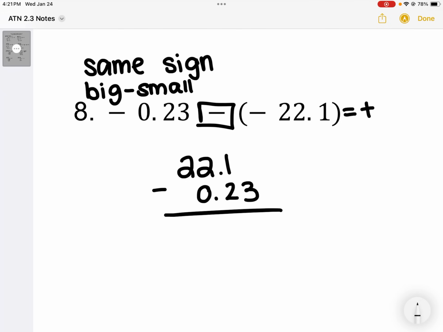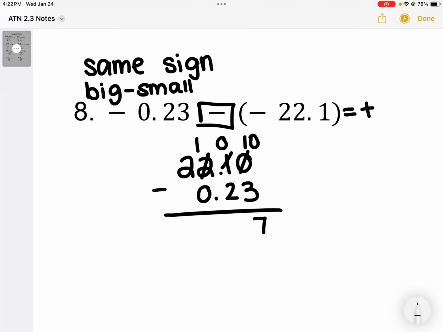0 minus 3 cannot be done. I must borrow. This 1 turns into a 0. This turns into a 10. 10 minus 3 gives me 7. 0 minus 2 cannot be done. I must borrow from the 2 in the 1's place, and this becomes a 1, and this becomes a 10. 10 minus 2 gives me 8.